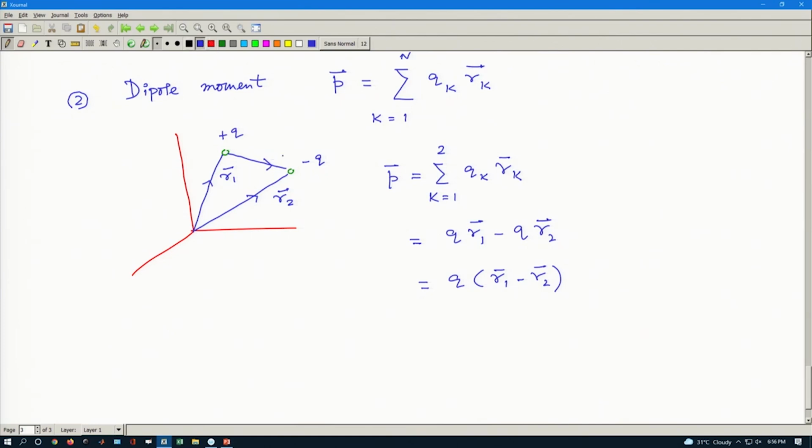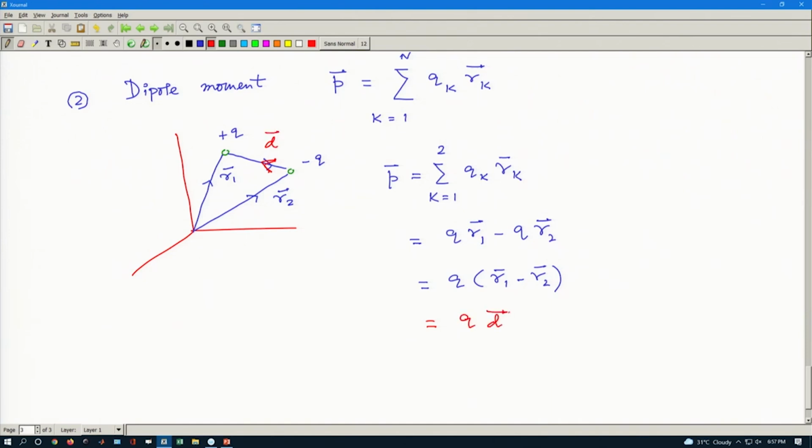So it is from minus to plus. So, this is the direction. If this is my d vector, then it is simply q d vector.